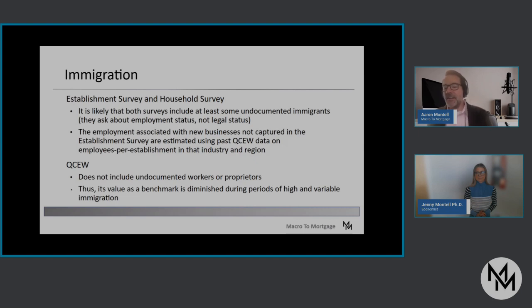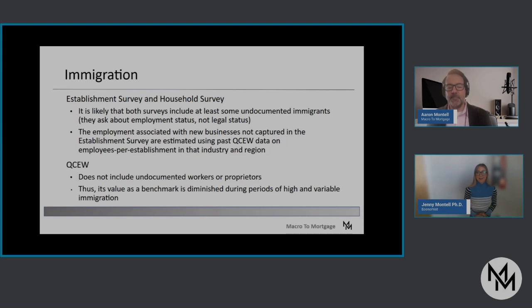So they ought to be counted. Exactly. It's whether they should or should not be working here, and whatever your feelings on that are, that doesn't matter for the survey. We're trying to get a count. We're trying to understand the economic activity happening in the US. That's right, and so they're very important to include because they are part of the economic engine.